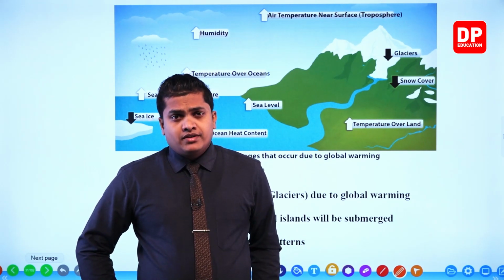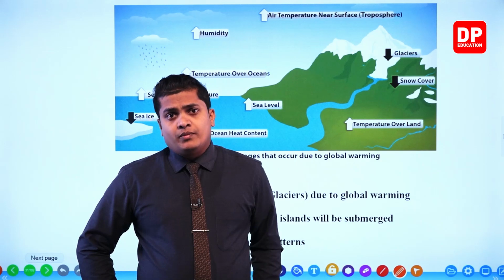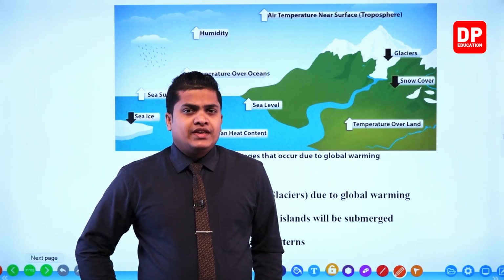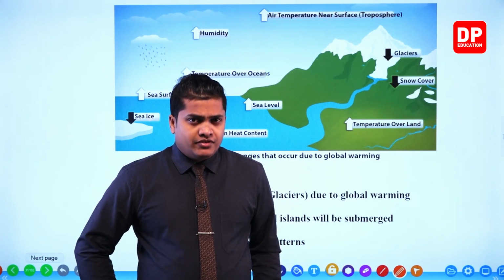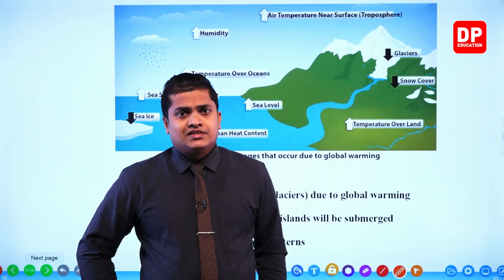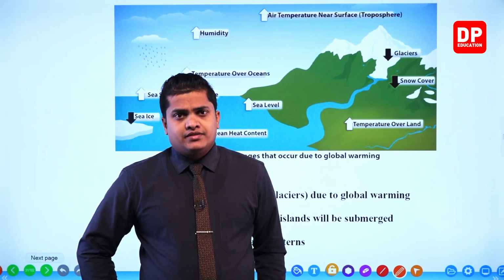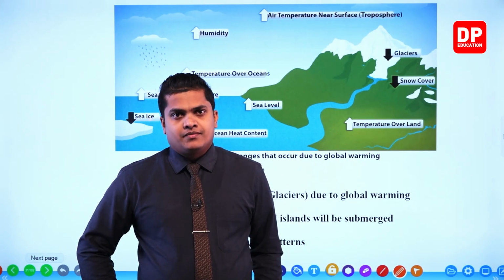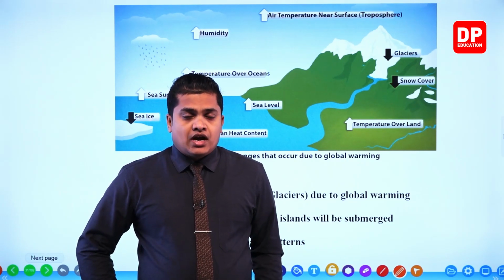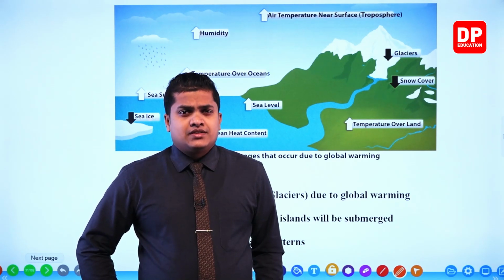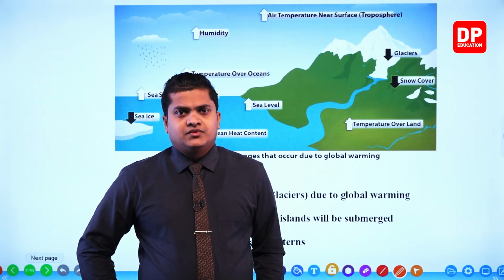These wind patterns are mainly affected by temperature. So when the temperature within the environment increases, it will definitely change these wind patterns. The change of wind patterns will create climatic changes. Therefore, when the climate of a certain country changes, severe conditions may occur.